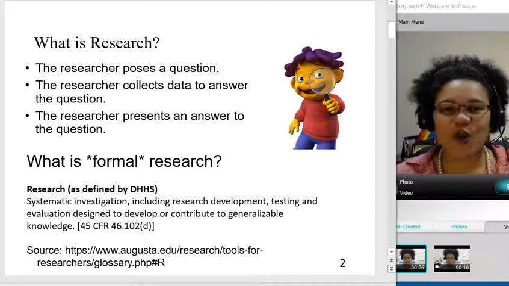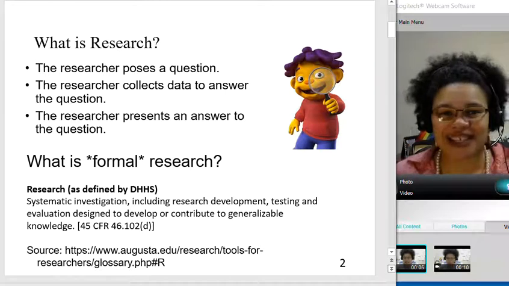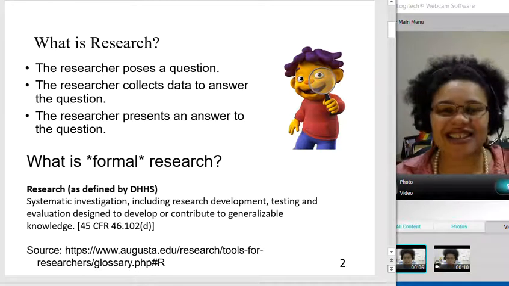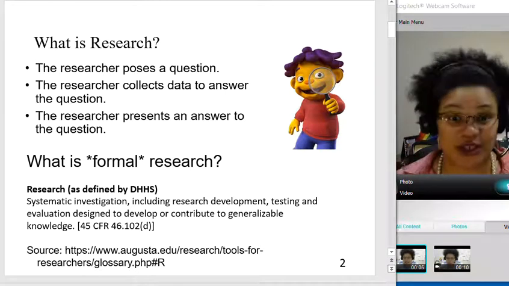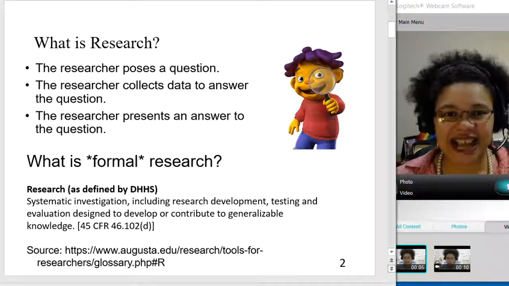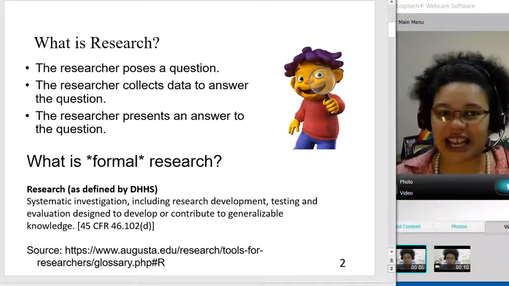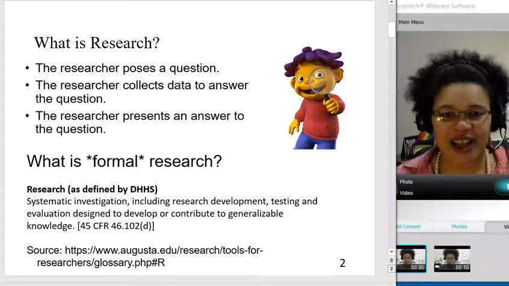And so we all do research. Anytime a young person or an older person asks the question why and then seeks to find out, we're doing research, okay? And so basically, we're just going to formalize in this class something that you already know how to do and that you've done since you were very small.